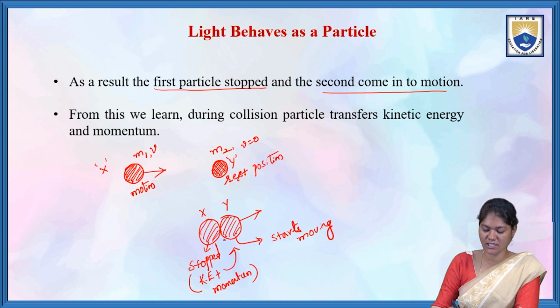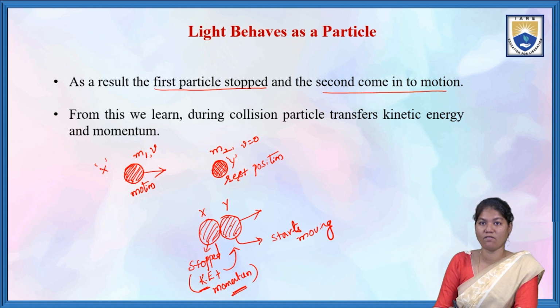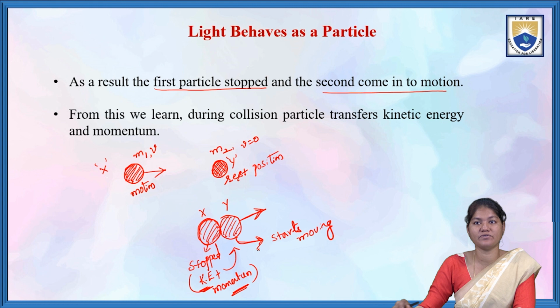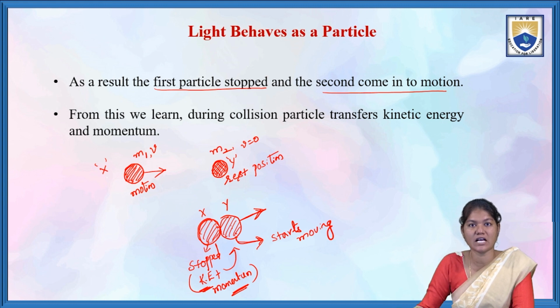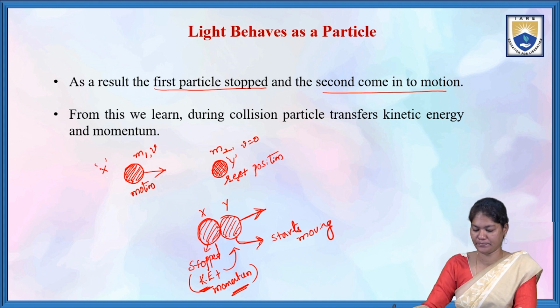While moving, the first particle has kinetic energy and momentum. When it hits the second particle, it transfers its kinetic energy and momentum to the second particle. So the first particle stopped, and the second particle, by gaining this kinetic energy and momentum, starts moving. So from this, we learn that during collision, a particle transfers kinetic energy and momentum.